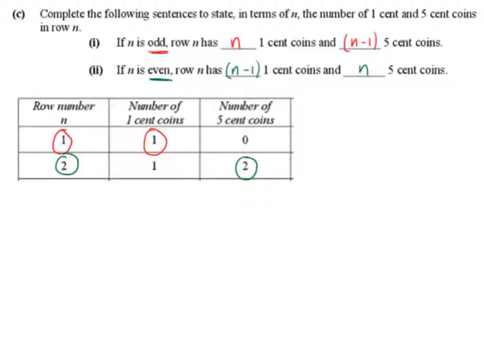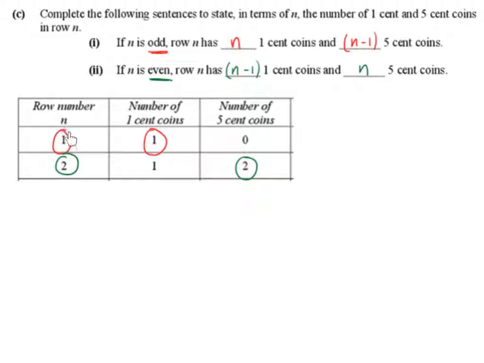So if n is odd, so here's n, and in the first row we have 1, and 1 is an odd number. So we're going to use this row of values to help us fill in these blanks. If n is odd, in this case n is 1, then row n has n 1 cent coins.